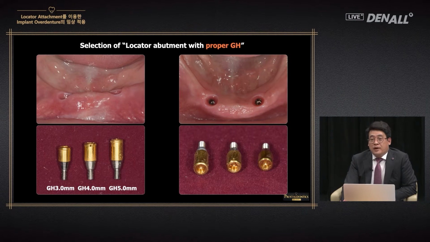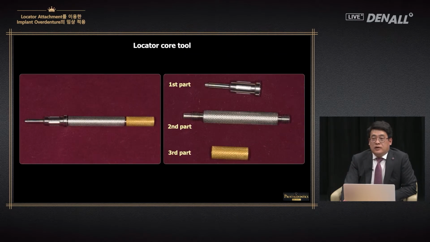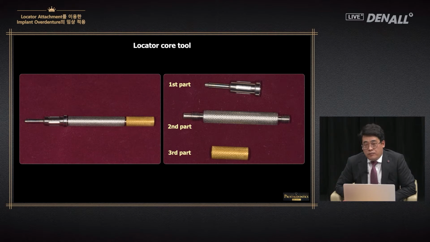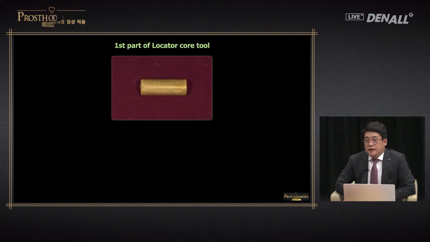You can use locator core tool to attach the locator attachment to implant body. When you buy the locator core tool, it comes in one piece. If you unscrew, you can see that it is divided into 3 pieces. The first part is used to connect a locator attachment to the implant.